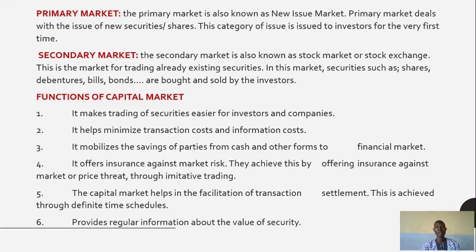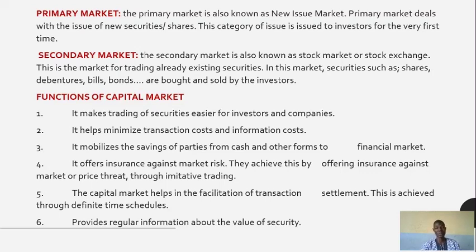The next thing we are going to consider will be the functions of capital market. We have few functions we are going to consider. The first function is that the capital market makes trading of securities easier for investors and companies, because investors are looking for where to put their money so that at the end of the period, at the end of the year, they have returns.